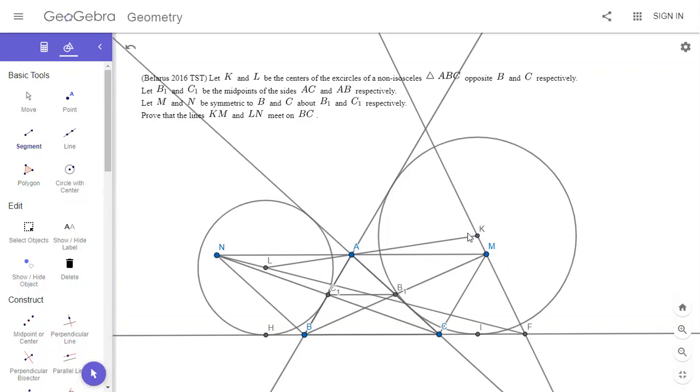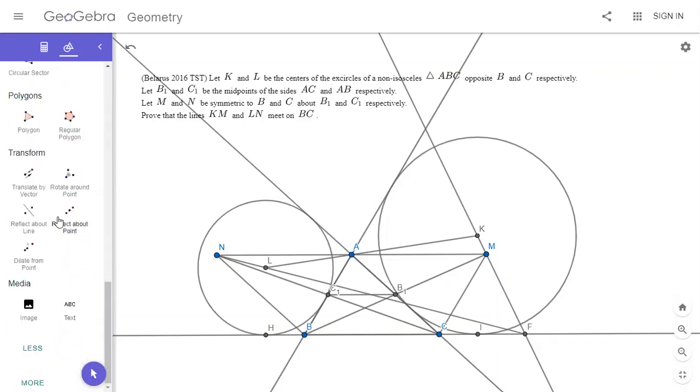So we want to show KM over KF. So basically if we reflect M across K, then we want to show a parallelism, I think. So if we do that, then we want to show M prime N is parallel to ML.